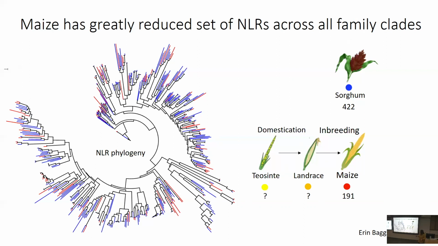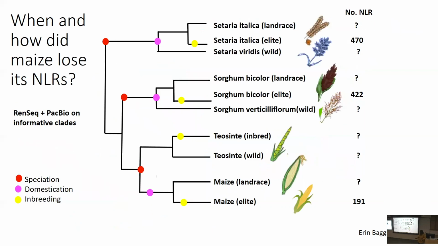We started to address this question: well, this reduction could be due to inbreeding or domestication. And for that, we picked samples that represented elite maize lines, or maize landraces. And in teosinte, we were able to pick outcrossing and inbred lines, and that would address the inbreeding hypothesis, as well as domesticated and non-domesticated relatives.